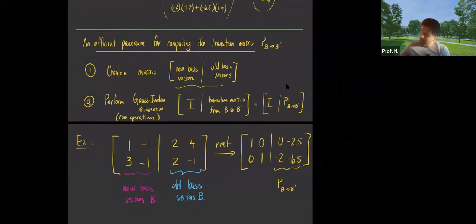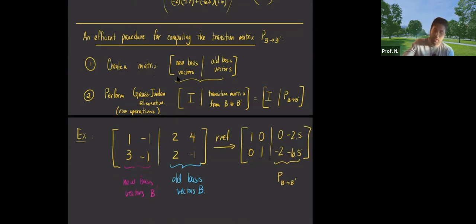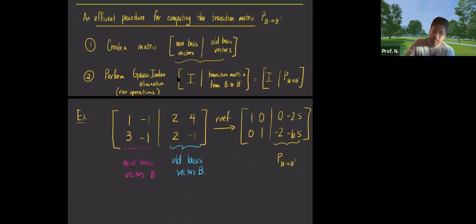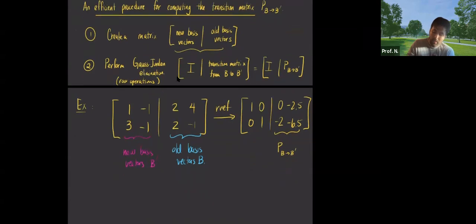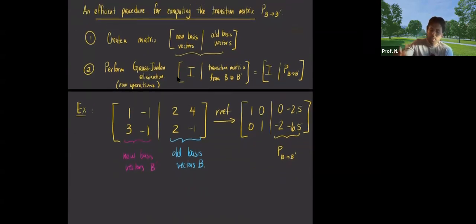Is this clear? Is this good? Okay. So now that we have that, wouldn't we also be interested in finding the transition matrix from the new to the old?